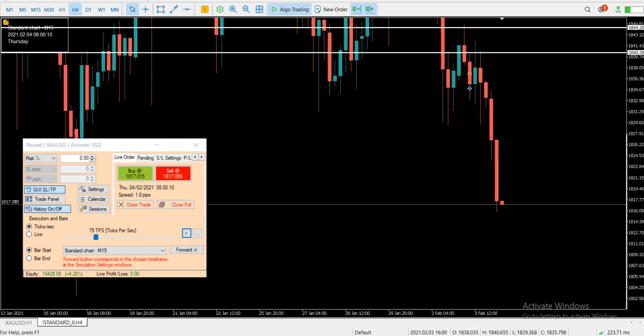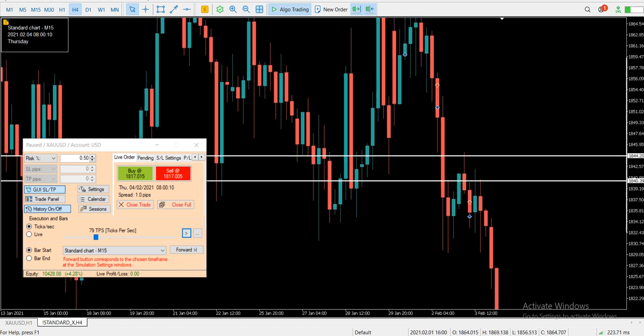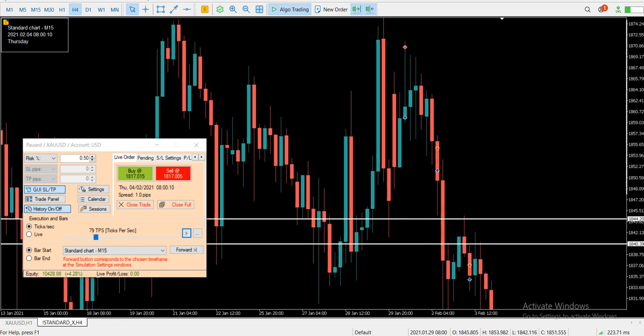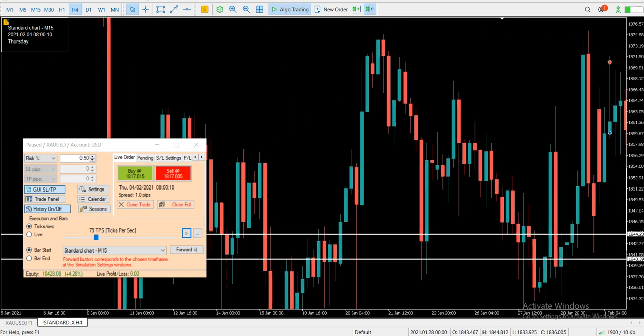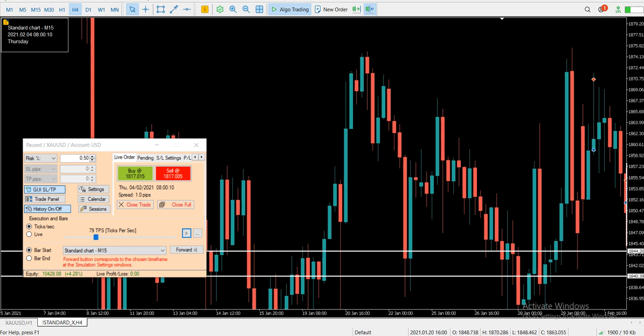Why I'm saying this is because we have 4 consecutive bearish candles, then a little bit of retracement, then price went down. Whenever the market moves in one direction, it always retraces, right? There were only 2 candles, but they were huge, and then a little bit of retracement.